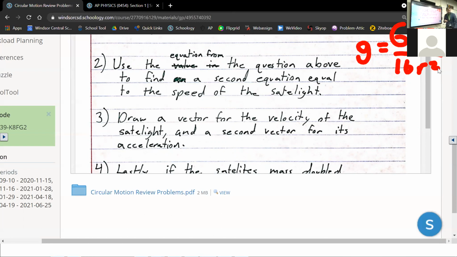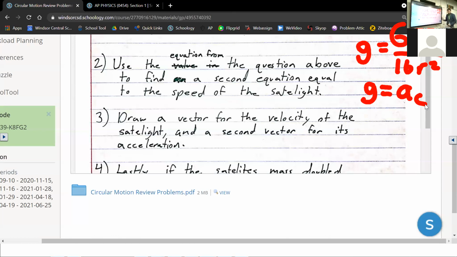What did I do for this? Oh yeah. So g is going to be equal to the acceleration due to gravity, which should be equal to the centripetal acceleration of the orbiting satellite.